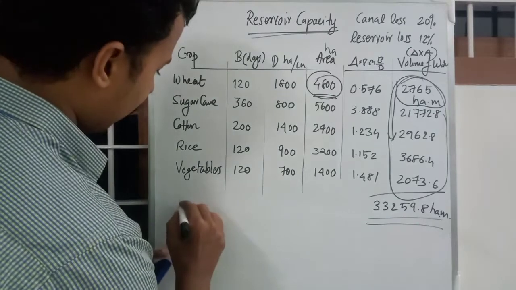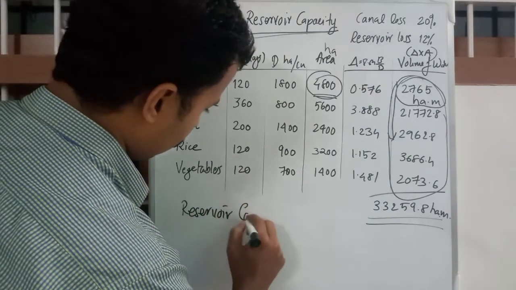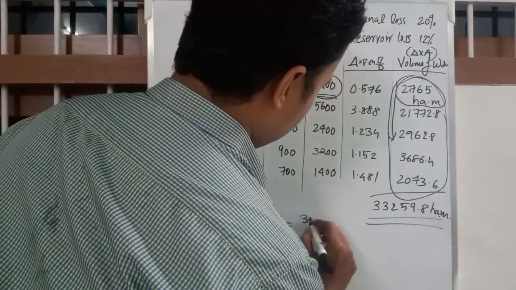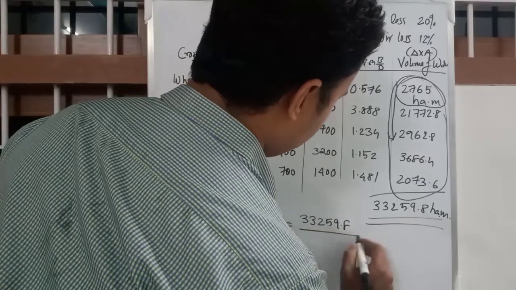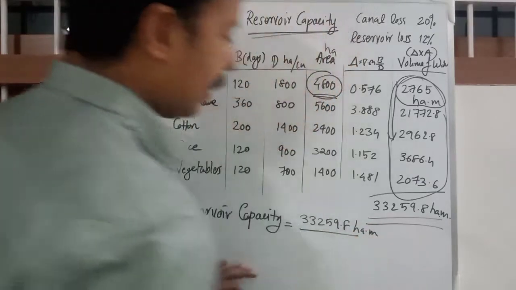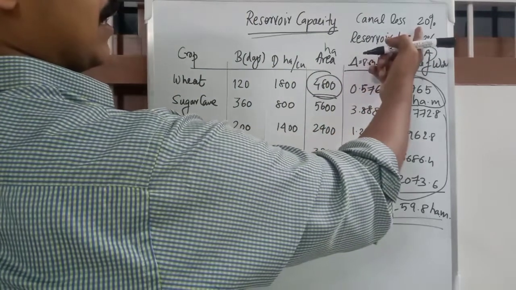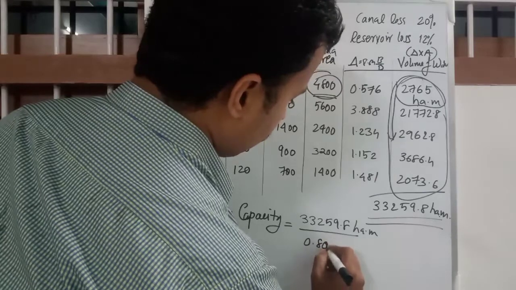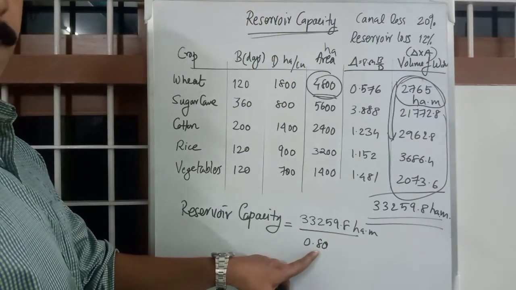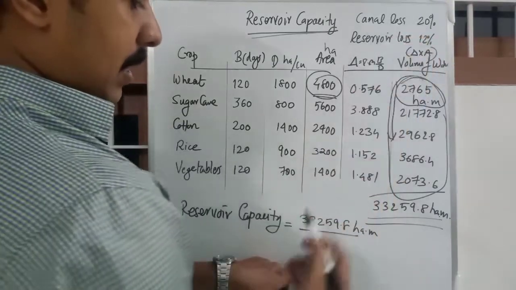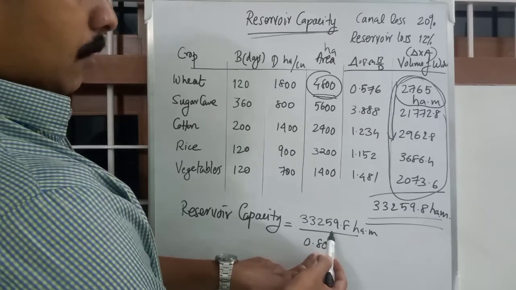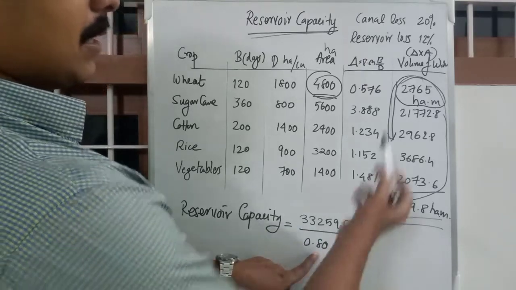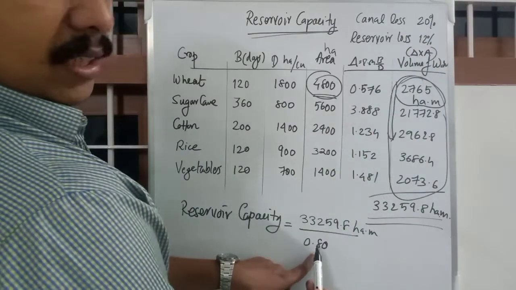So to calculate the reservoir capacity, it will be equal to 33,259.8 hectare meters divided by, to compensate for canal loss, 0.8. The canal loss is 20%, so to get the compensated value you divide by 100% minus 20%, that is fraction 0.8.